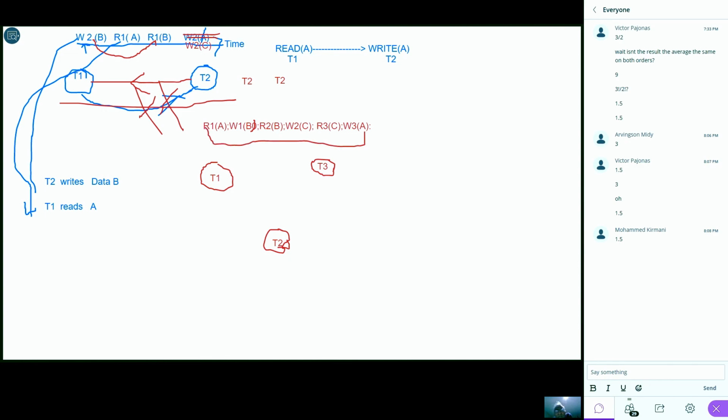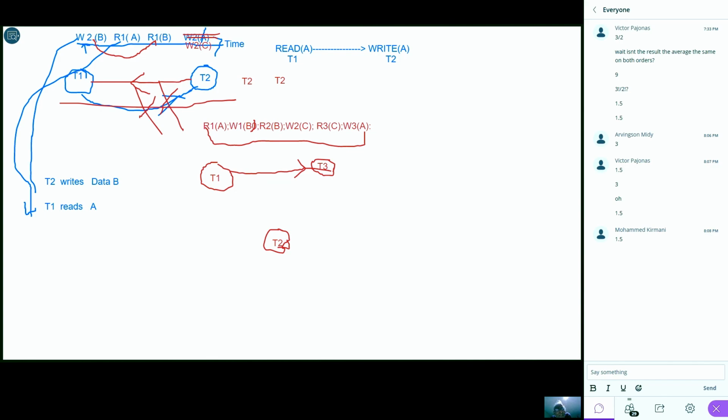Therefore, this order must be maintained. So there should be an arrow from 1 to 3. Repeat: if one transaction is reading A and another one is writing A, they will interfere. Therefore, this order of read-write must be maintained.